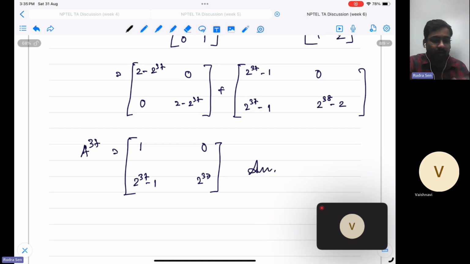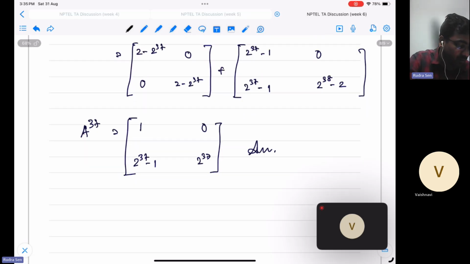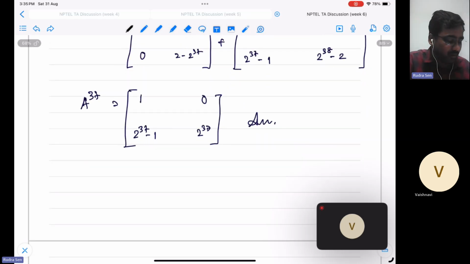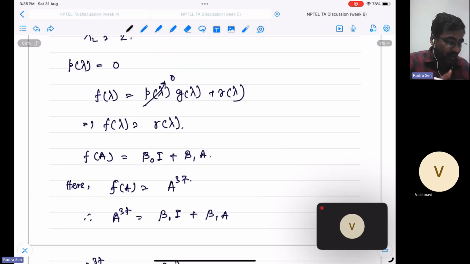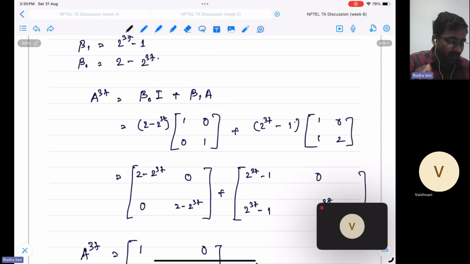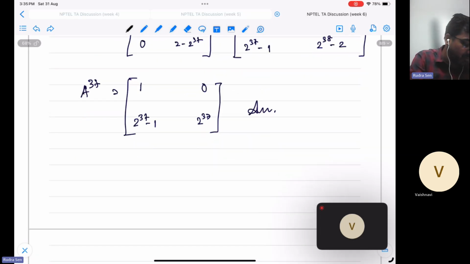Now using a calculator, you find out the 2 to the power 37 value and put it over here. So this is A to the power 37. This is way easier than multiplying 37 A matrices with each other. So this is basically the matrix found using the Cayley-Hamilton theorem.